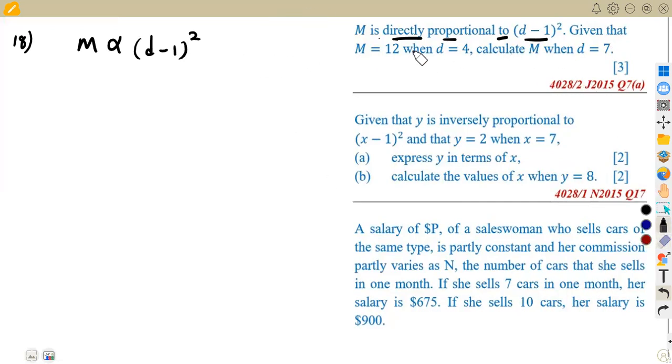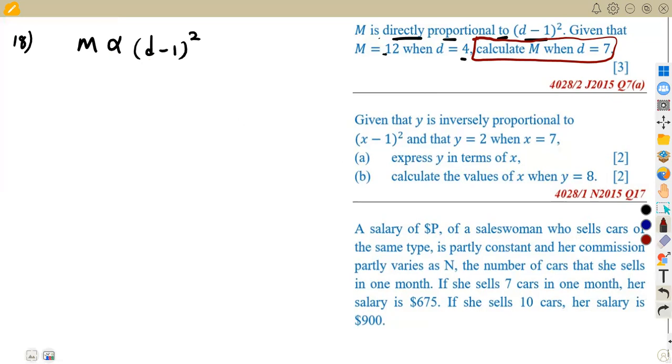And we are given this information: m is 14 and d is 4. Calculate m when d is 7. This part cannot be calculated without the constant. That is what we know. We need the constant. We can't just calculate m here given the value of d, because we do not have a relationship between these two.